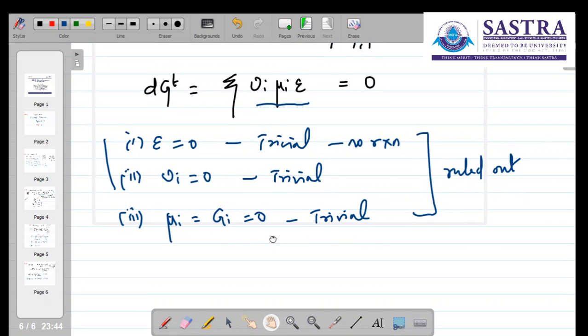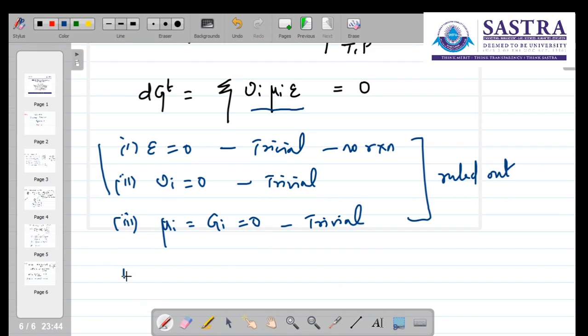Now what one can think of is obviously the fourth case. We are going to have a finite value for the extent of reaction, and the only other way this summation could become 0 is that the sum of these two entries becomes 0, because you know that this is going to be constant for all the species involved.